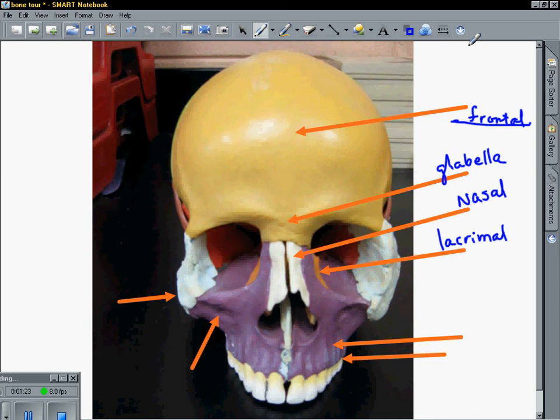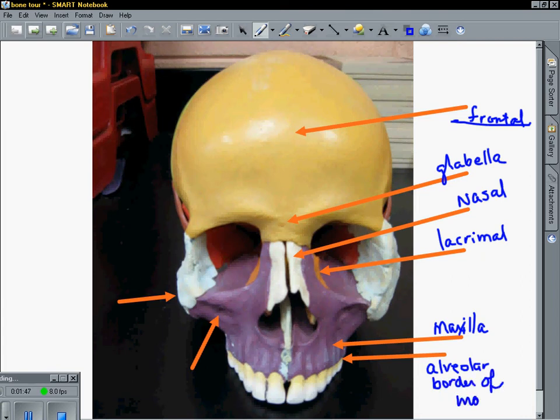The next one is all of that area of purple bone known as the maxilla. And then the edge where that maxilla meets the teeth, those are the alveolar border of the maxilla.